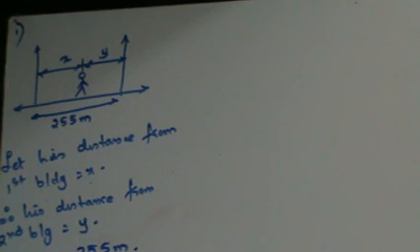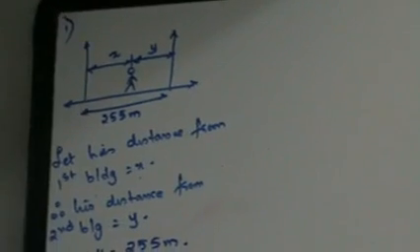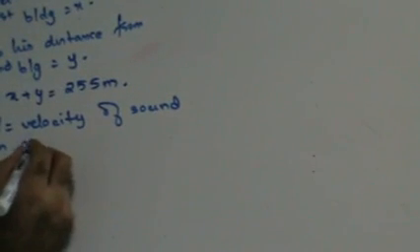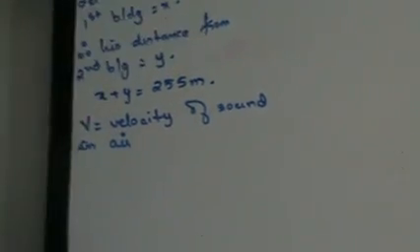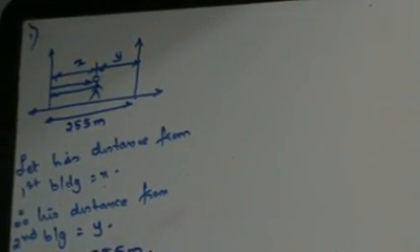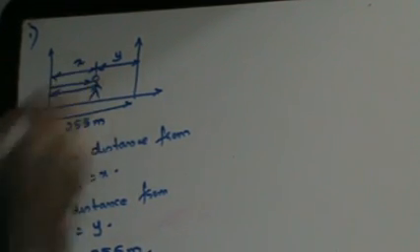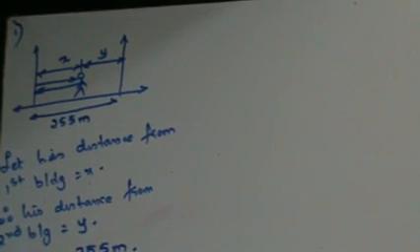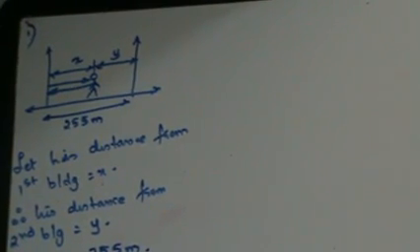Now let us assume that v is the velocity of sound in air. If I shout, the sound will have to go hit the building and come back for me to hear an echo. So what will be the distance travelled by the sound for echo?